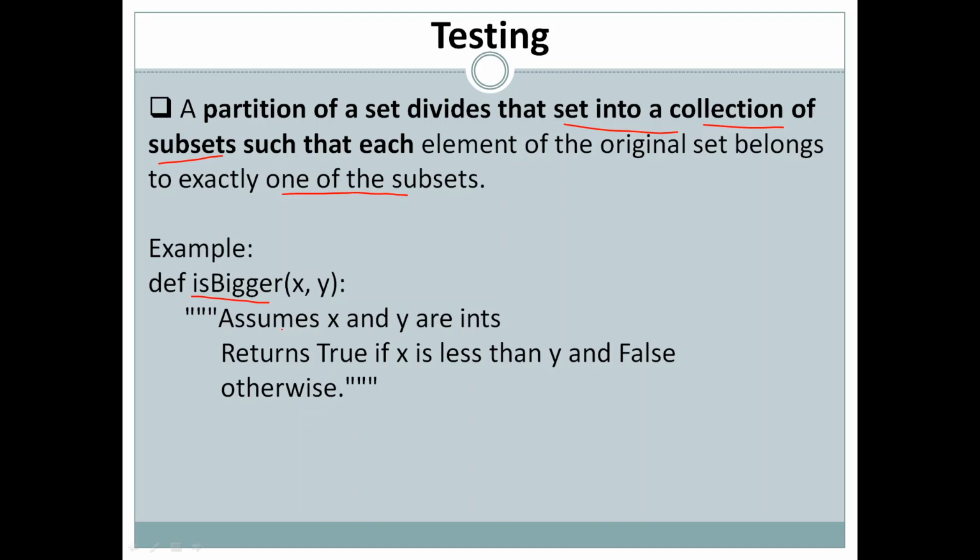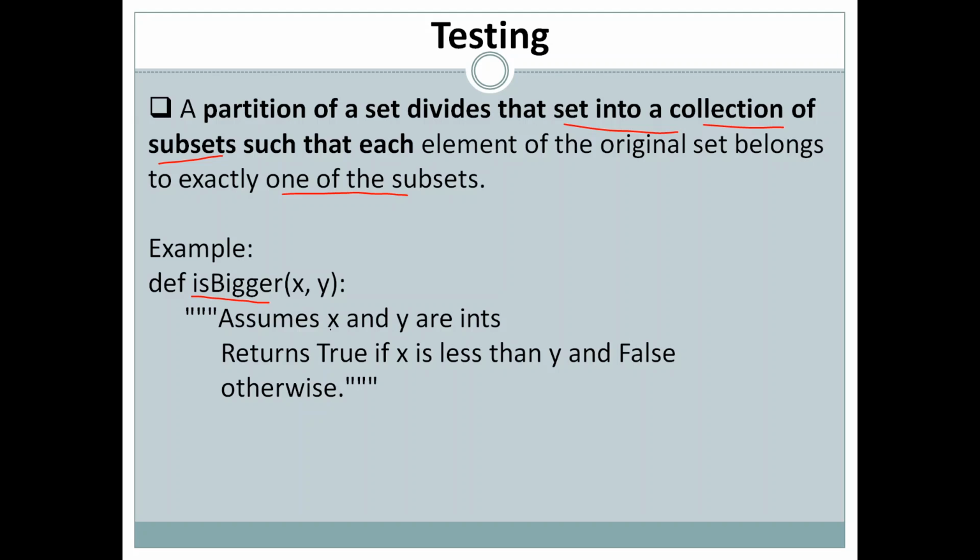If we have to test this particular function, how would we test it? What are the inputs for is bigger? As it is said, this x and y are assumed to be integers. So the inputs for this particular function are all sets of integer numbers. It can be 1 and 2, 2 and 3, 4 and 5.